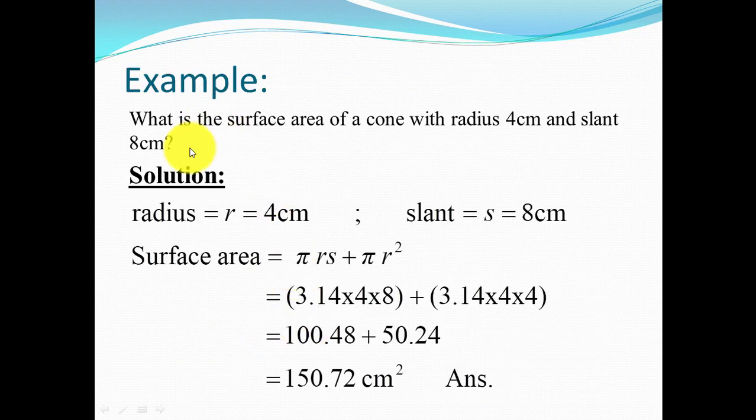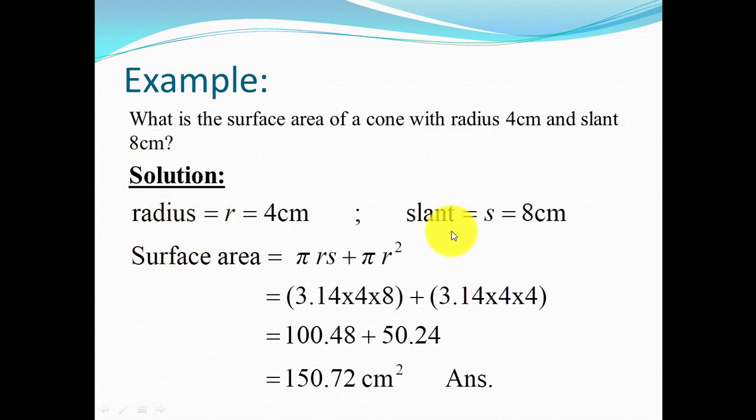Let's see some examples. What is the surface area of a cone with radius 4 and slant height 8? To find the surface area of a cone we need just two things, s and r. S is the slant height and r is the radius. Here the given radius r is 4 centimeter and slant height is 8 centimeter.